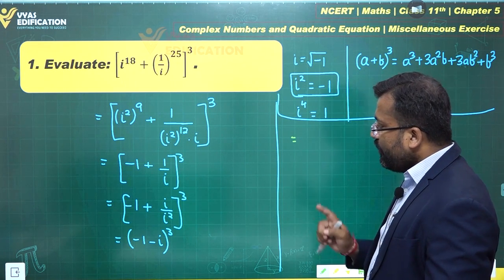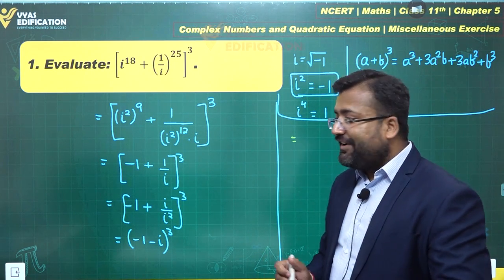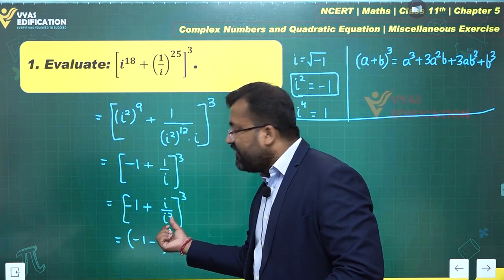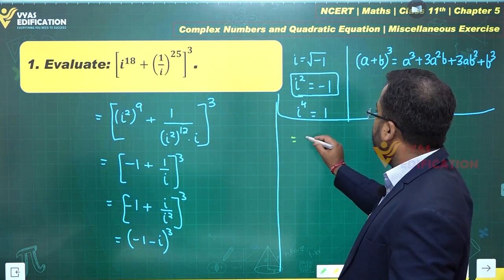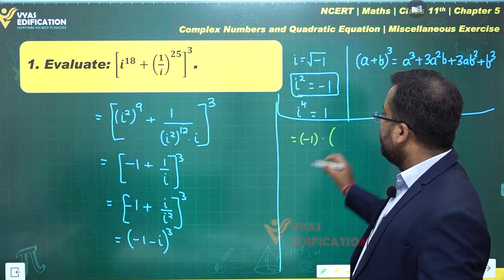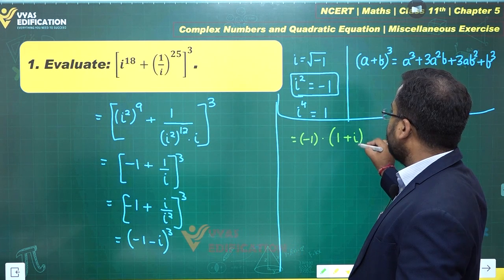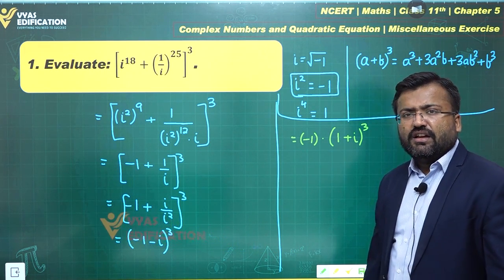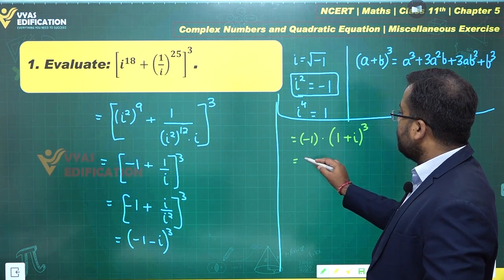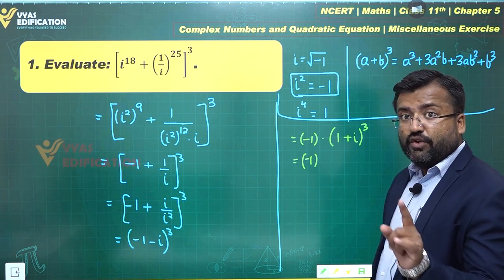The first thing that I'll do in this complete thing is I'll take a minus common. The minus power 3 would be actually minus 1 times, what will I get in the bracket? I'll get 1 plus i power 3 in the bracket. Is that simple? Yes, it's pretty simple. Once you are through with this, this minus 1 will remain as it is. Do not forget that.